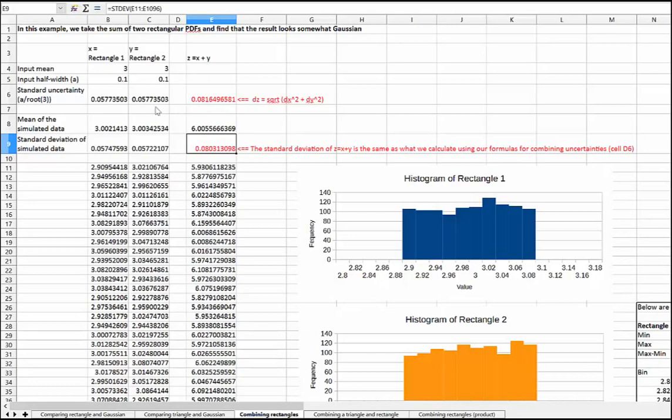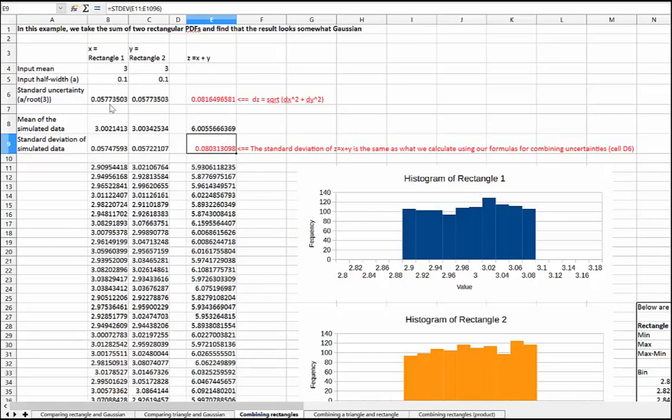Here z is equal to x plus y, so rectangle 1 simulated data point plus rectangle 2 simulated data point, and a whole bunch of those. The mean is basically 3 plus 3 is 6. The standard deviation of that distribution is going to be the uncertainty when we combine those previous two uncertainties.